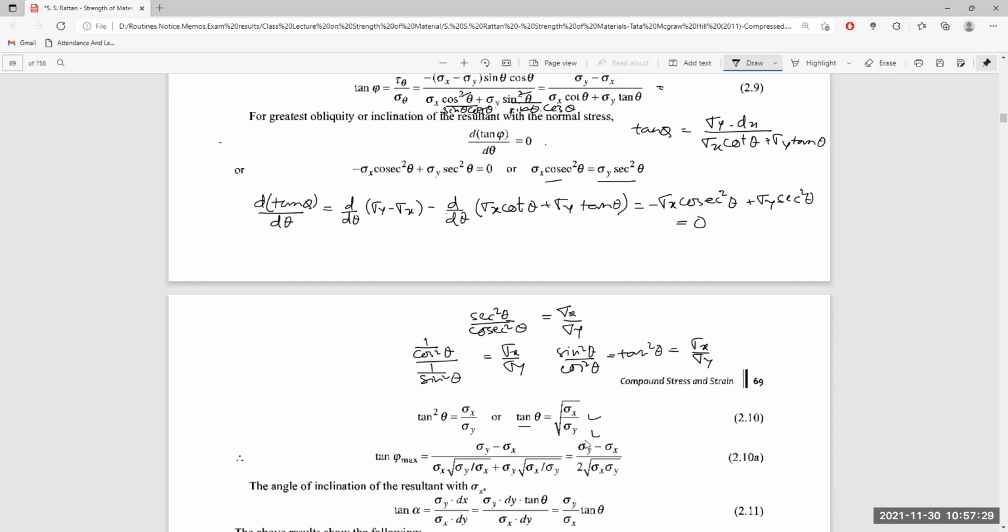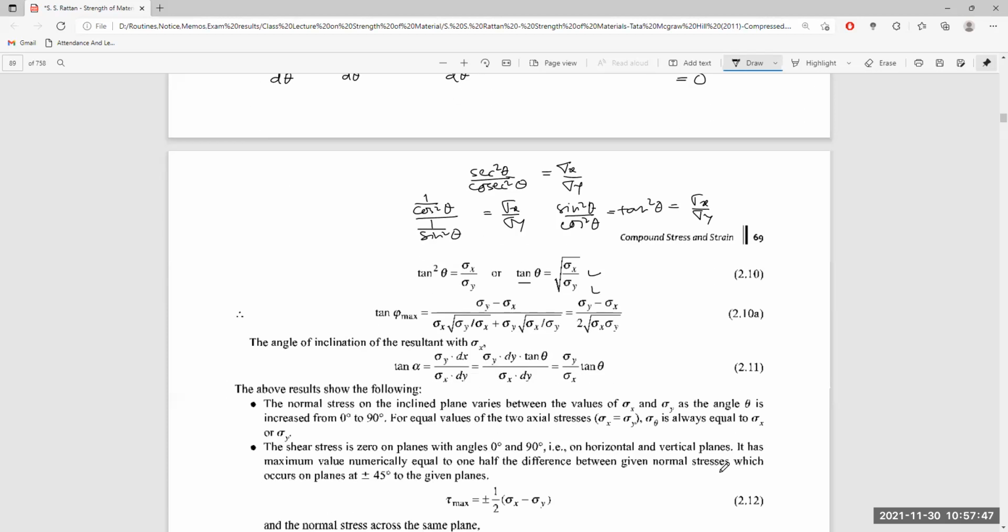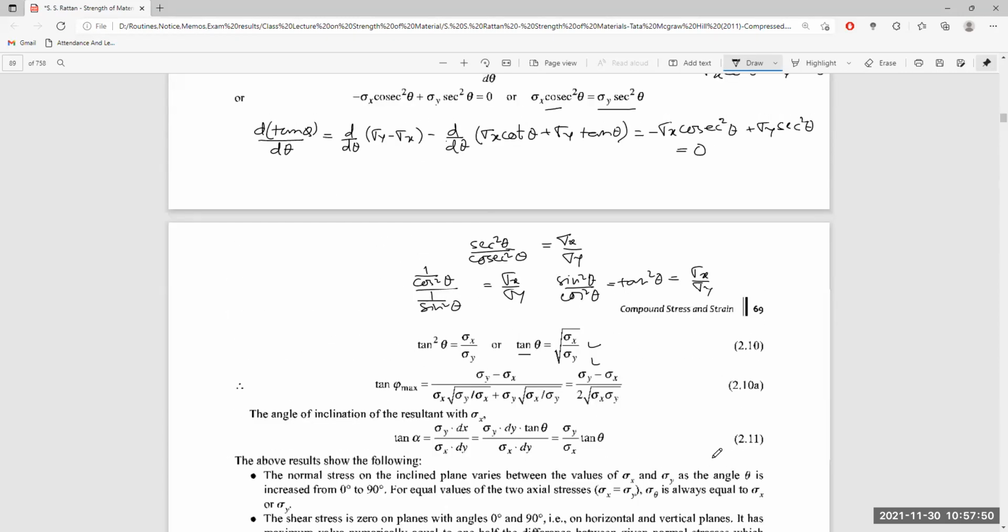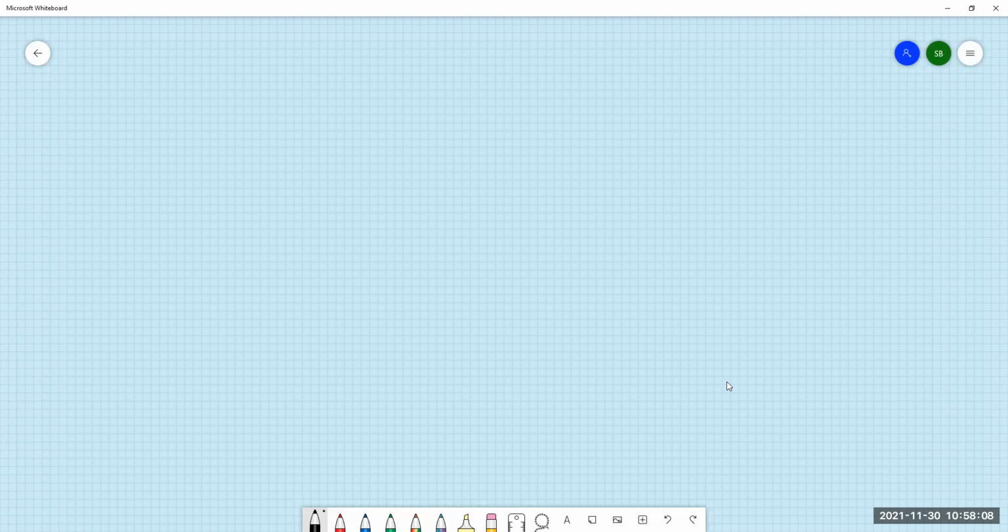Now tan phi max, which becomes, if we put the value of theta here. What is tan phi max?